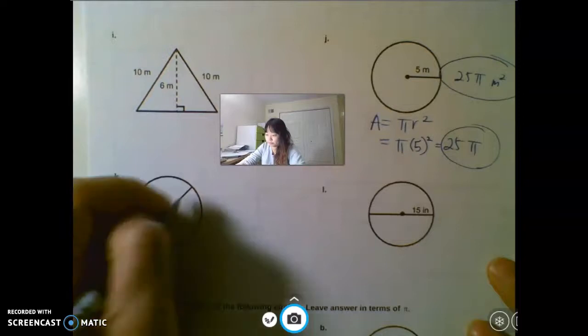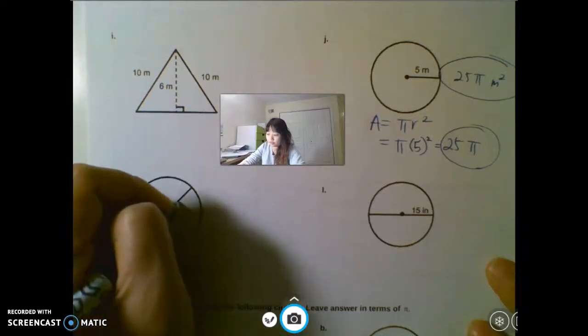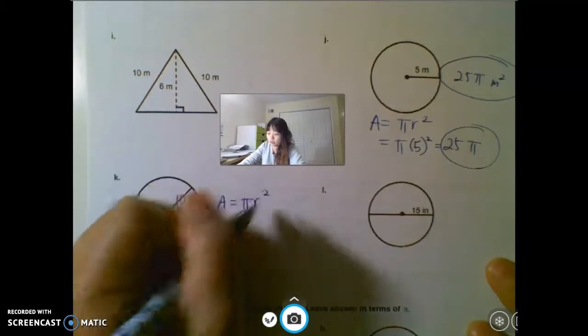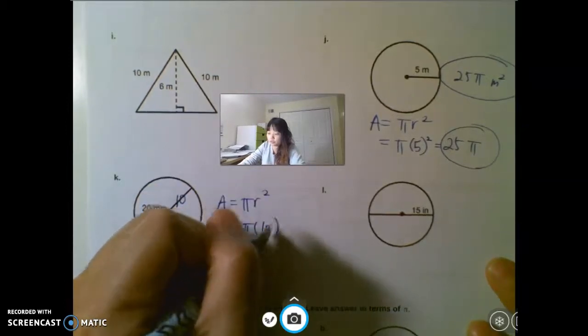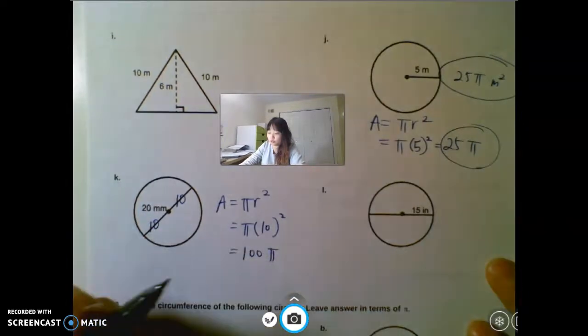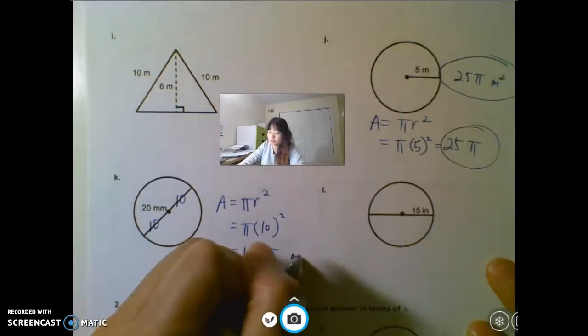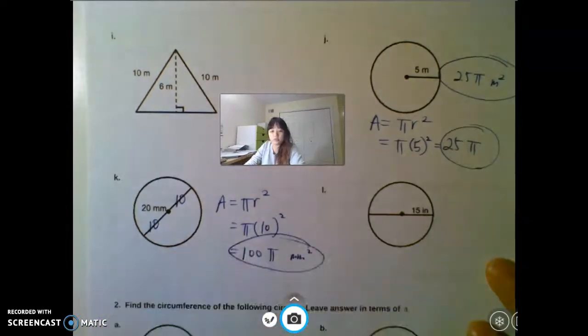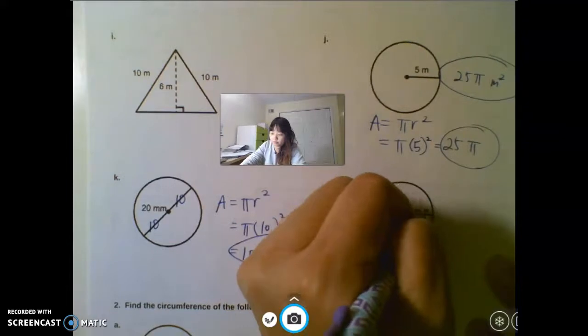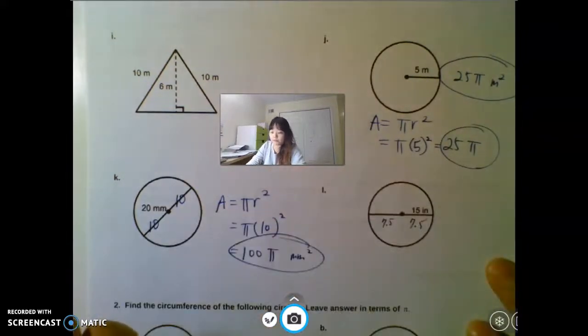K. Oh, the whole thing is 20 this time. So it's 10 and 10 for the radius. So pi r squared, pi times 10 squared. 10 squared is 100, so it'll be 100 pi millimeters squared, right? One more. 7.5 is how you make the 15.